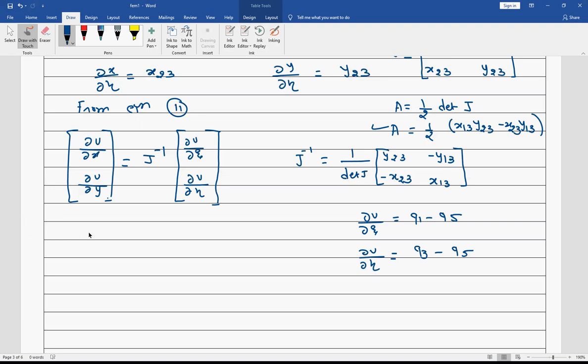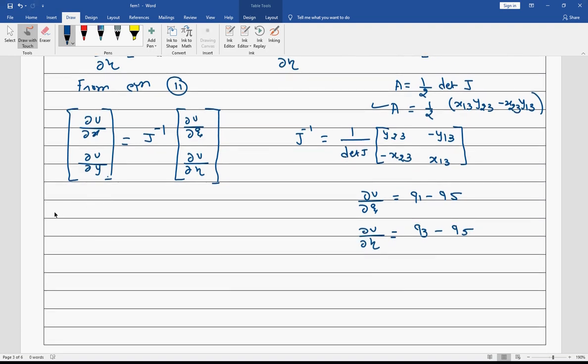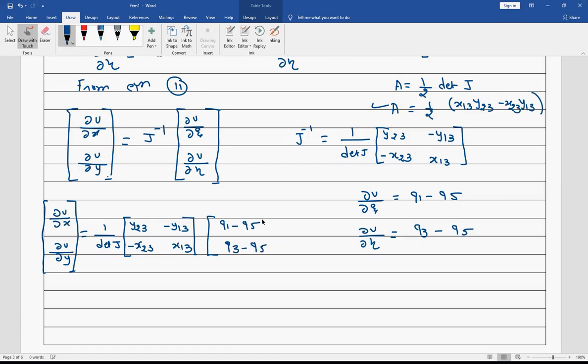Okay. So now I go with del u by del x, del u by del y is equal to 1 over determinant of J, and I have y23, minus y13, minus x23, x13, multiplied by q1 minus q5 and q3 minus q5.